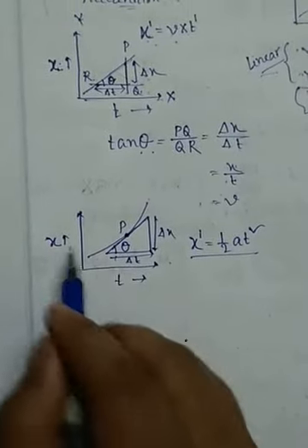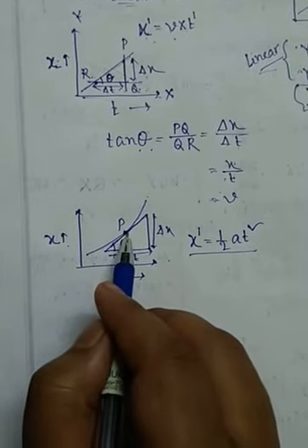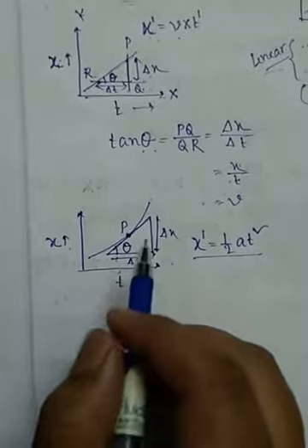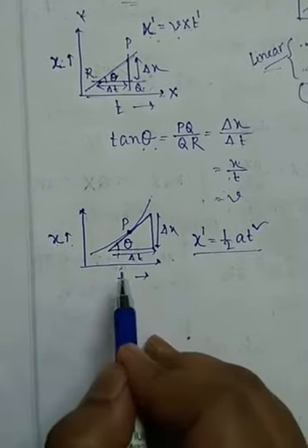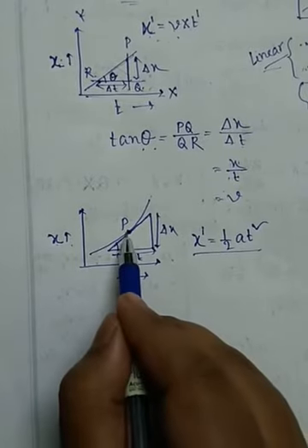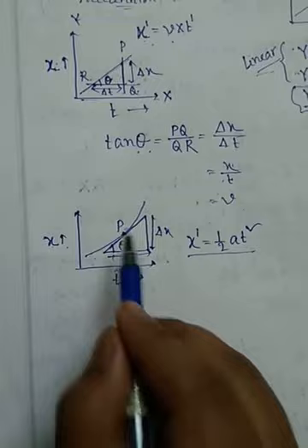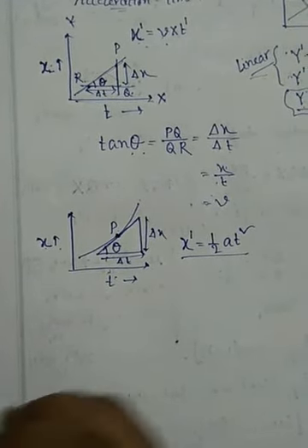So slope of displacement time graph at any point gives the velocity of the particle at that point. I am repeating, slope of any displacement time graph at any point gives the velocity of the particle at that point. Is it clear?